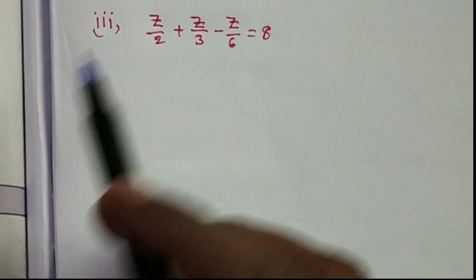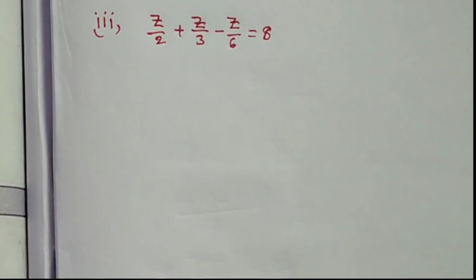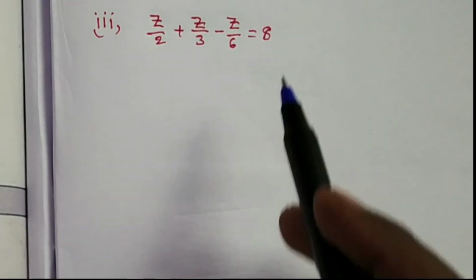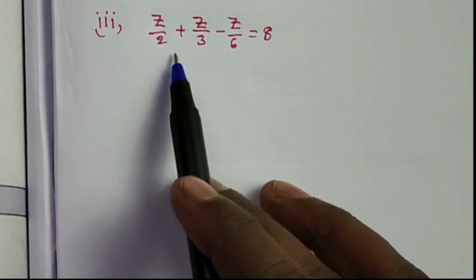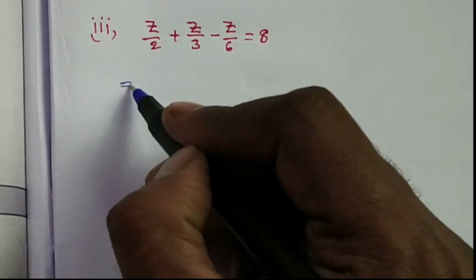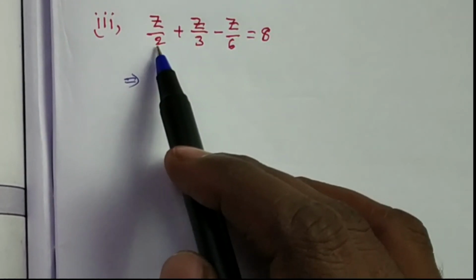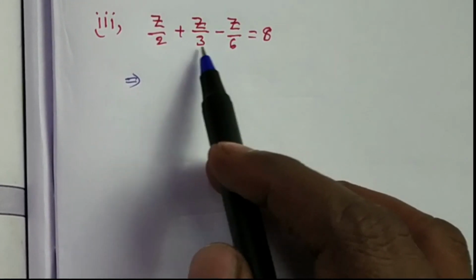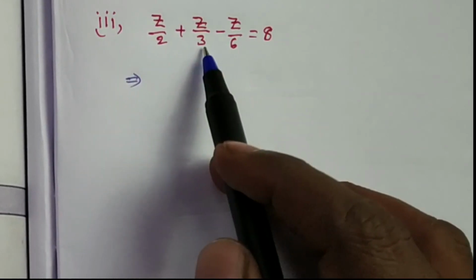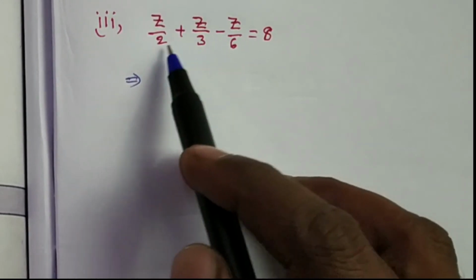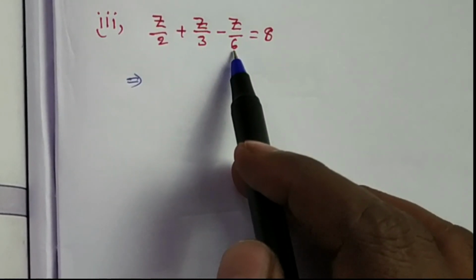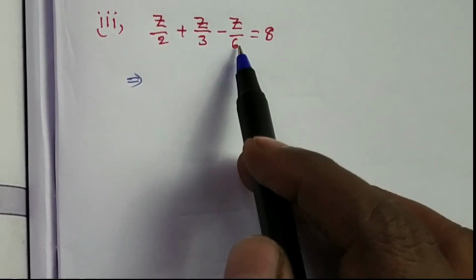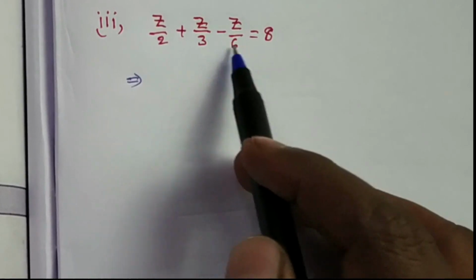Next, third one, that is z by 2 plus z by 3 minus z by 6 is equal to 8. How can we solve? Observe, do the LCM of the denominators 2, 3, 6. What is the LCM of 2, 3 and 6? Observe these values. 2 is a factor of 6 and 3 is a factor of 6 and 6 is a factor of 6.